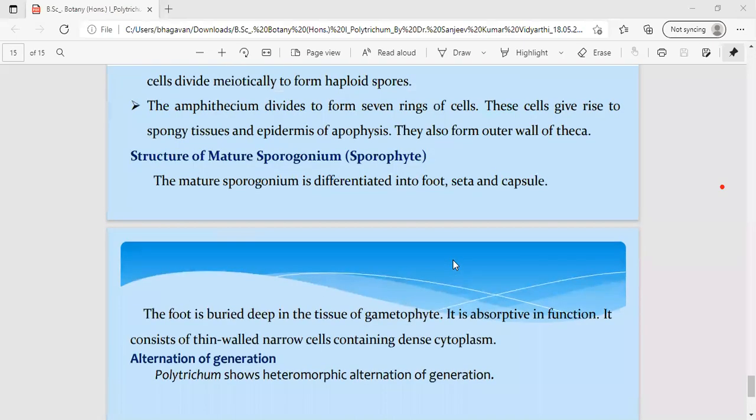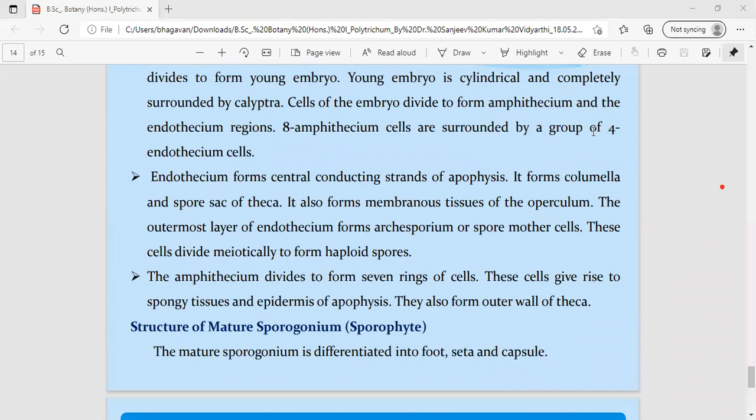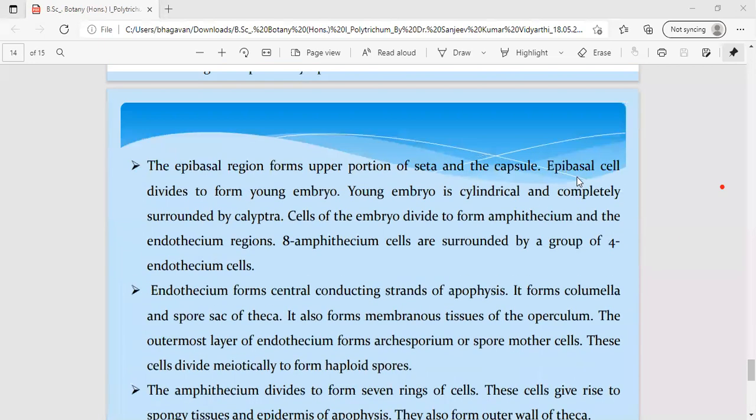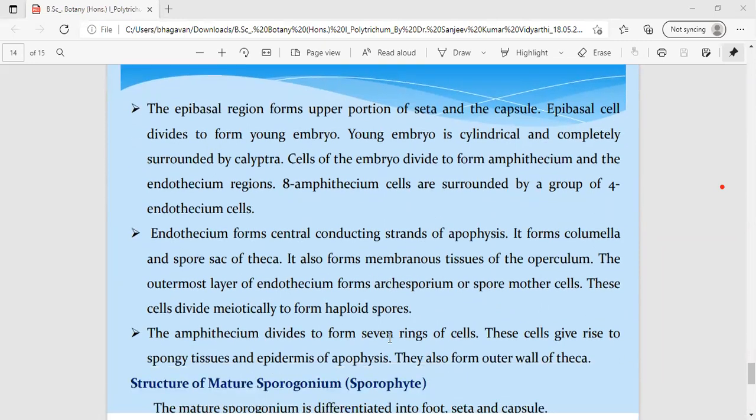When we talk about the capsule, it is a complex structure which is again divided into three regions: the apophysis, the operculum, which is the lid, and the hypophysis. I'll stop sharing here first, then I'll go for another slide.